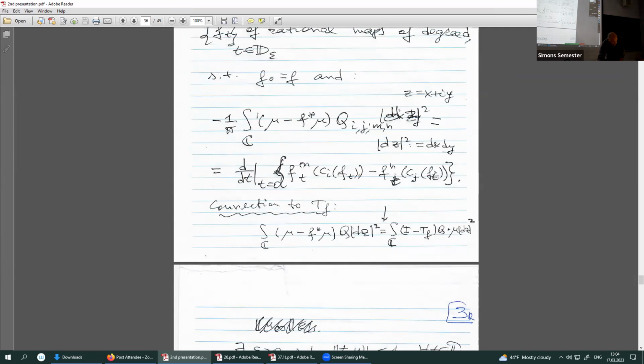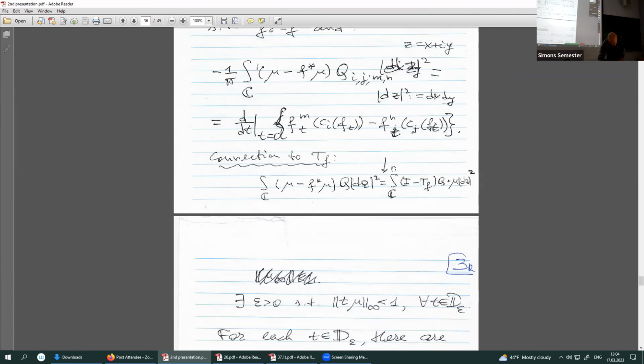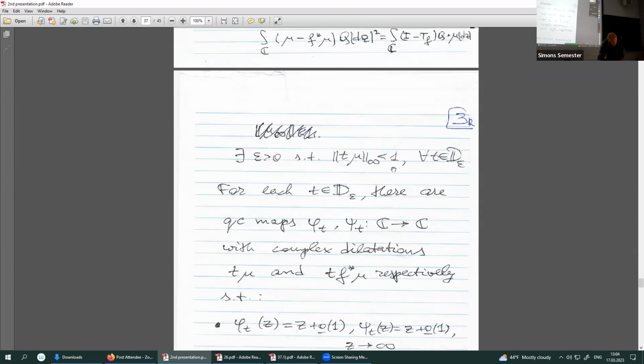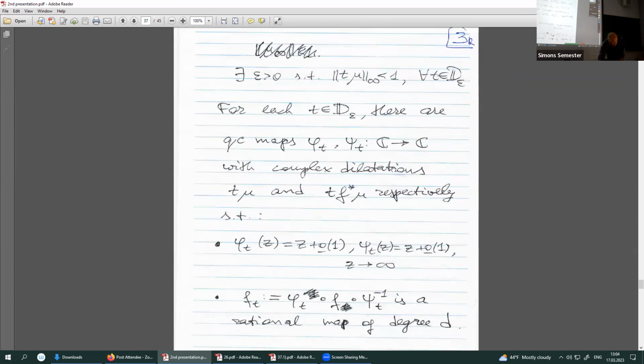On the other hand, it turns out to be a derivative with respect to the parameter t of this difference. Okay, and the proof uses the Thurston pullback argument, which is this theory of quasi-conformal mapping.